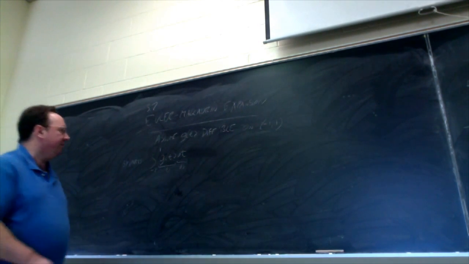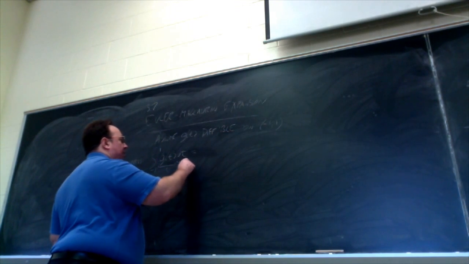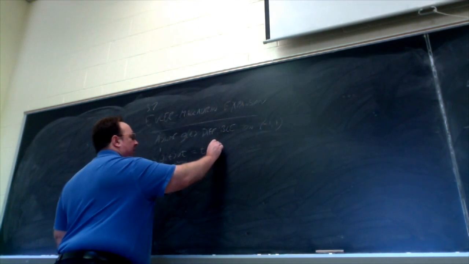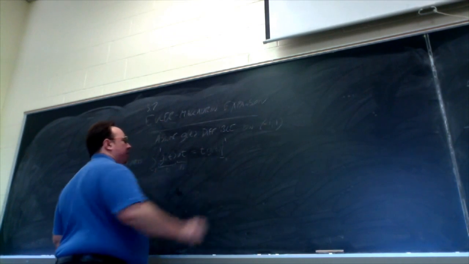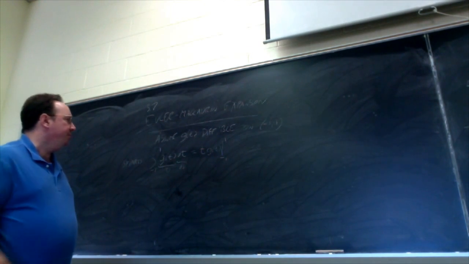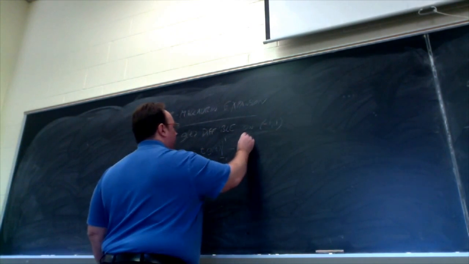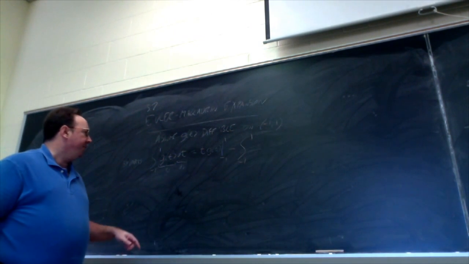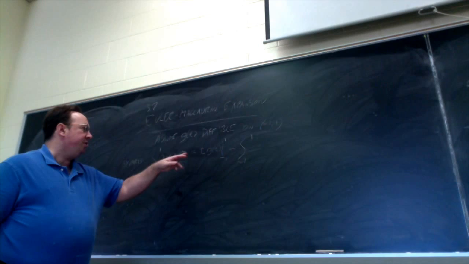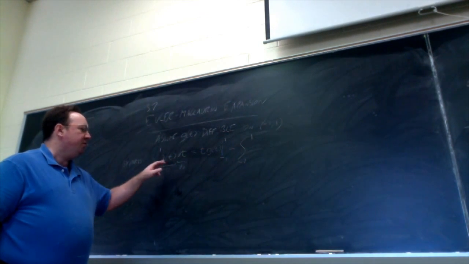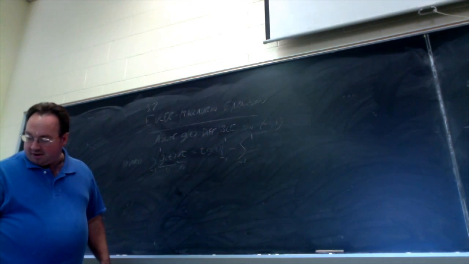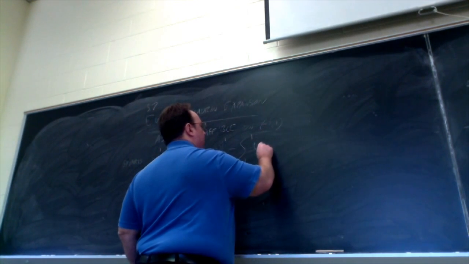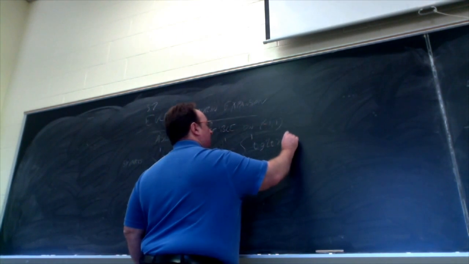So what I get is u times v, so that's t g of t, at the limits -1 and 1, minus the integral of v, which is t, times du, which is g prime of t. So t g prime of t. Okay.